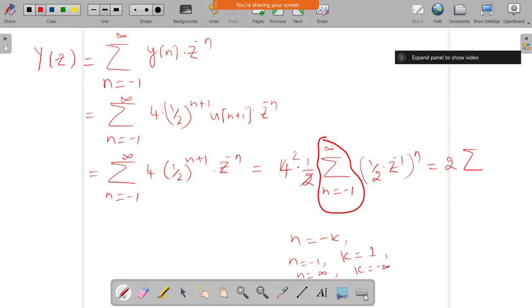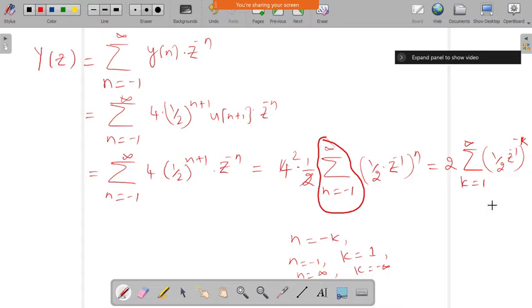So k goes from 1 to minus infinity. If k takes an infinite value, whether positive or negative, it goes to infinity only, so we can write 1 to infinity itself, with half power z inverse whole power n equal to minus k.